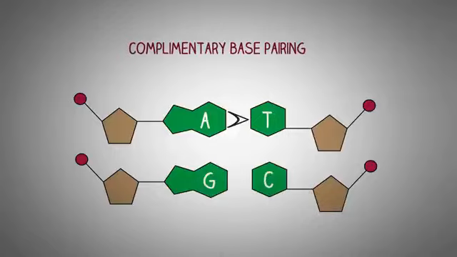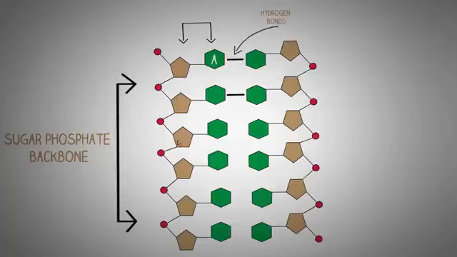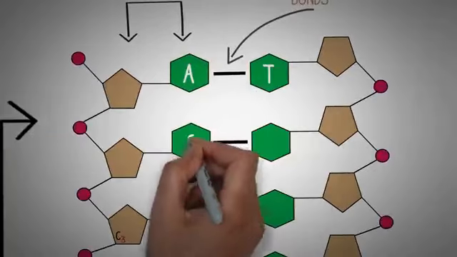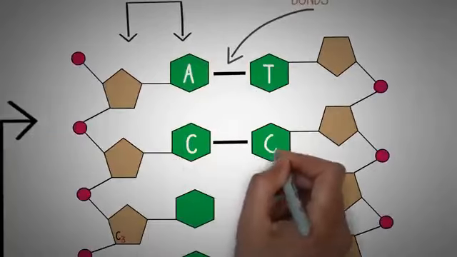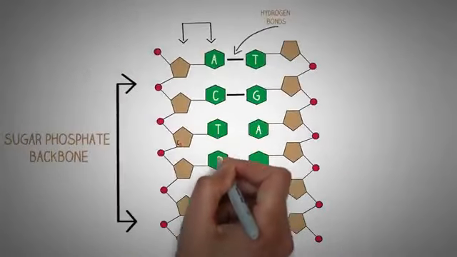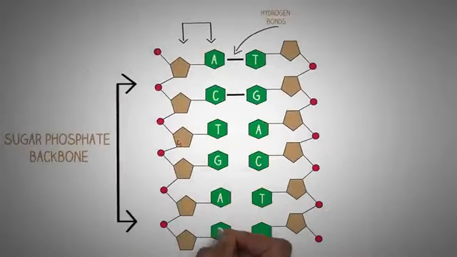This is a universal rule that is applied in the structure of DNA. So here you can see adenine forms a hydrogen bond with thymine, and similarly thymine forms a hydrogen bond with only adenine. In a similar case, guanine forms a hydrogen bond with cytosine and vice versa.